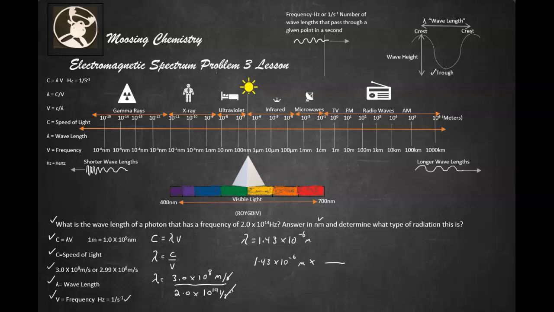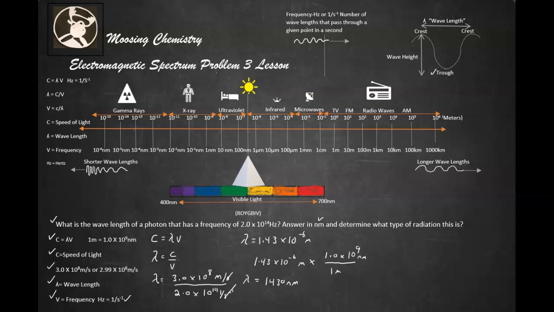In 1 meter, there are approximately 1.0 times 10 to the 9th nanometers. When we do that, our new wavelength in nanometers is going to be 1,430 nanometers.